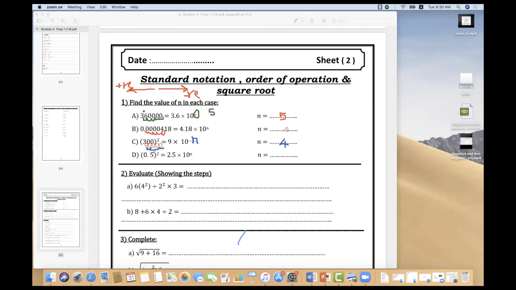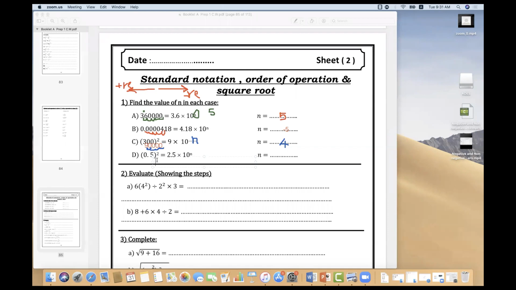Okay. The D. To solve that, you have to change this value by the calculator: 0.5 all to the power of 2.